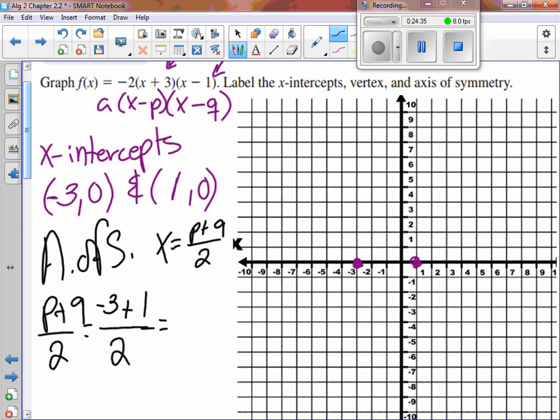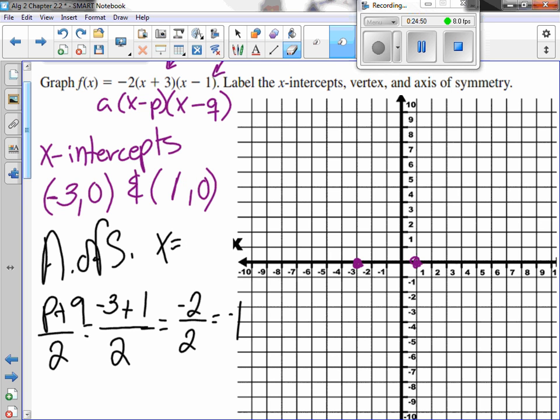One of them is negative 3, the other is 1. Well, negative 3 plus 1 is negative 2. And negative 2 over 2 is negative 1. So the axis of symmetry is negative 1.